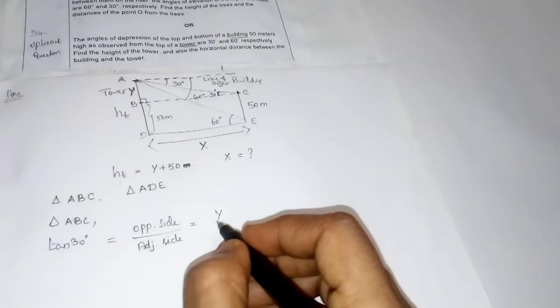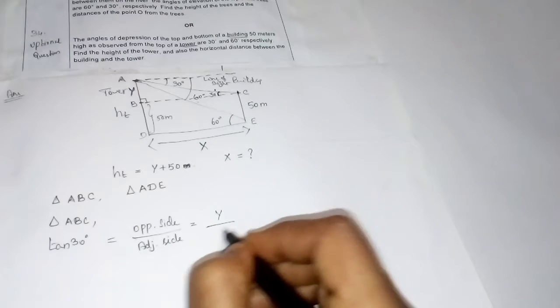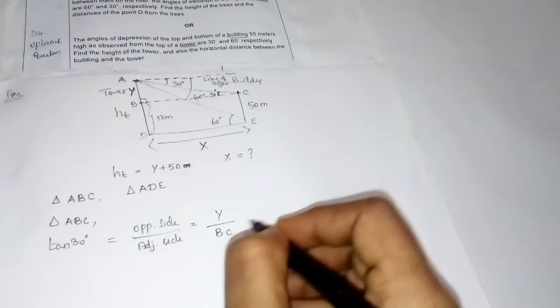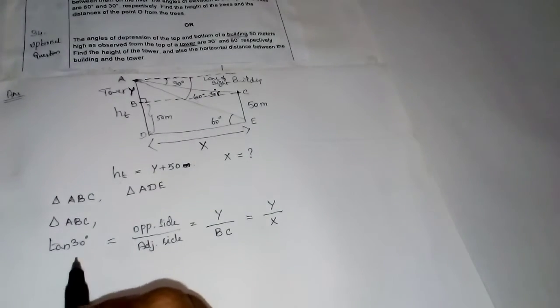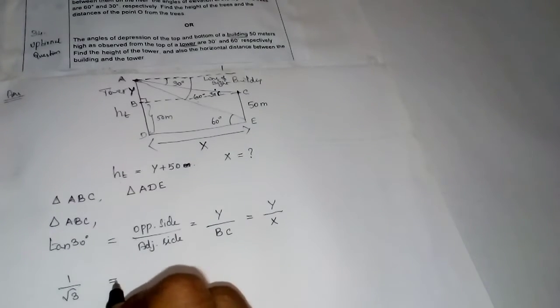So tan 30 is y by x. The value of tan 30 is 1 by root 3. So 1 by root 3 equals y by x, or we can write y is equal to x by root 3. Keep this as equation number 1.